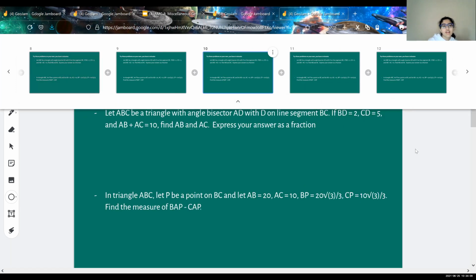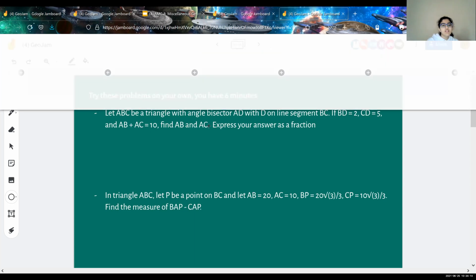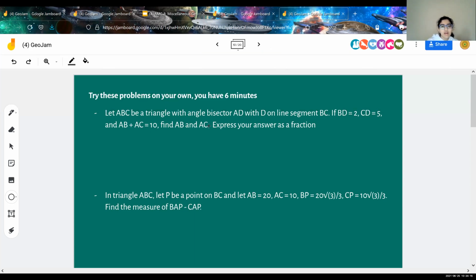And to the person who messaged me in the chat that the Jamboard wasn't working for them, here is the problem. Let ABC be a triangle with angle bisector AD with the D on line segment BC. If BD equals 2, CD equals 5, and AB plus AC is equal to 10, find AB and AC.